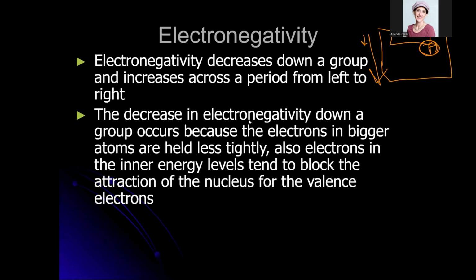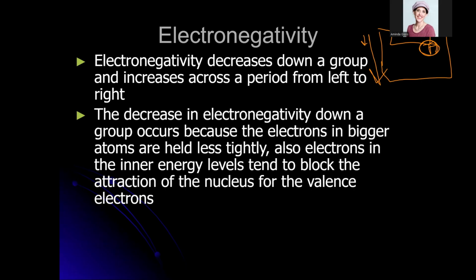The decrease in electronegativity down a group happens because the electrons in bigger atoms are held less tightly. Remember, they have larger radii. So if it's larger radii, the distance is increased between the nucleus and the valence electron, and it's not going to be held as tightly.